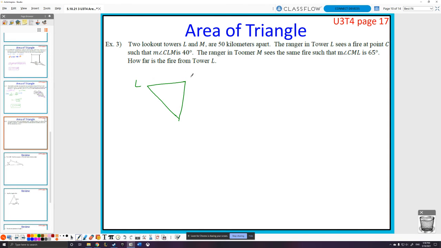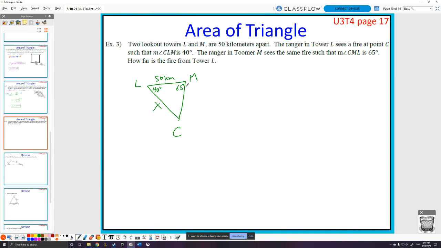L and M are 50 kilometers away, and L sees point C where CLM is 40 and CML is 65. So we're pulling our geometry knowledge here. How far away is the fire from L? So we're looking for this guy right here.